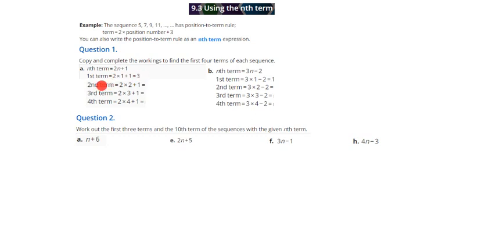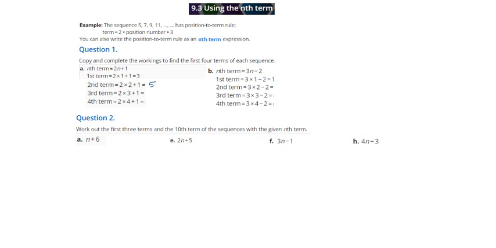In second term, n assumes 2. In third term, n assumes 3. In fourth term, n assumes 4. So we will find the values. Here, second term, the answer is 2 times 2 is 4 plus 1, 5.